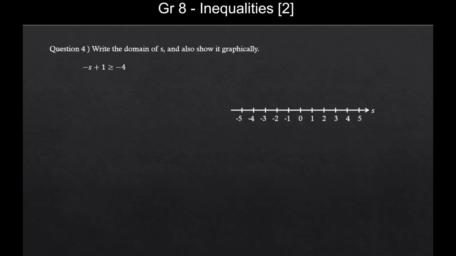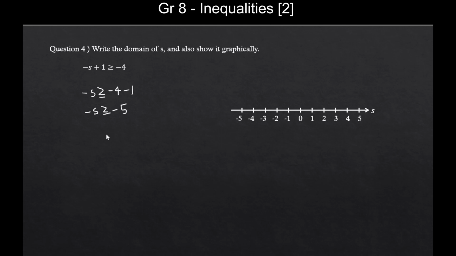Next one, write the domain of S. Okay, here we see that we have to flip S, but before that, let's move +1 to the other side. So -S is greater than or equal to -4 -1. That means -S is greater than or equal to -5.